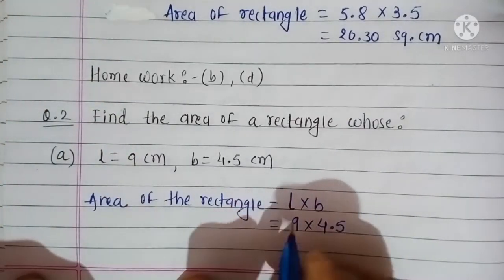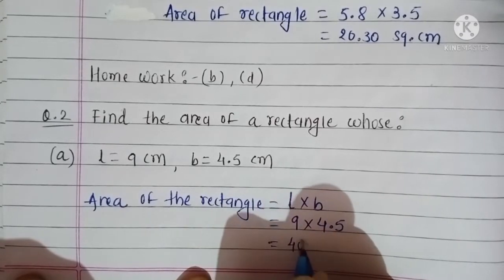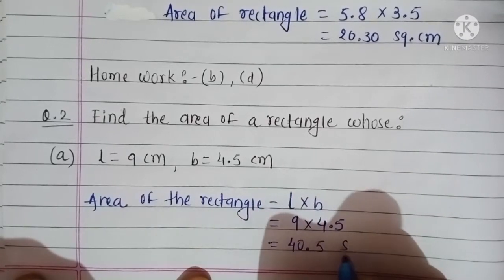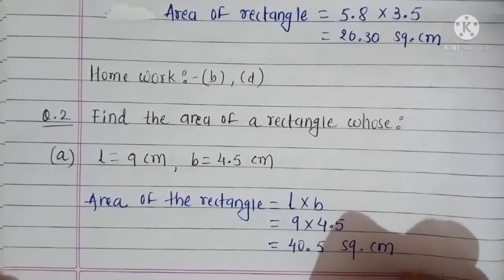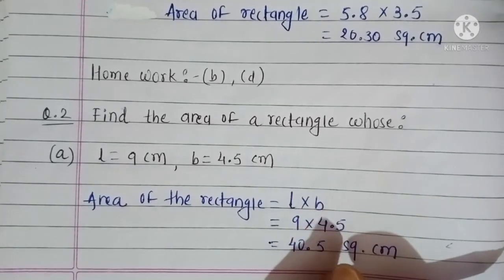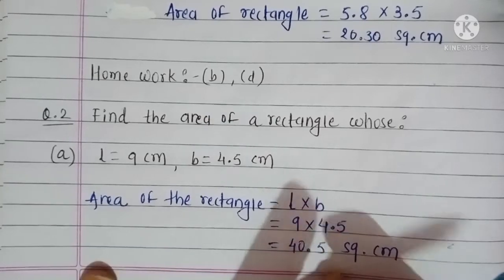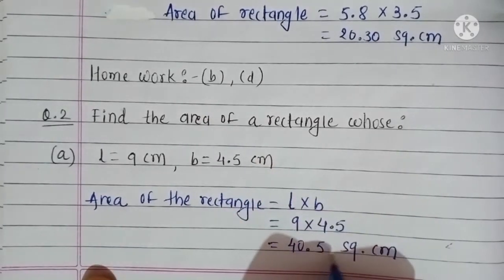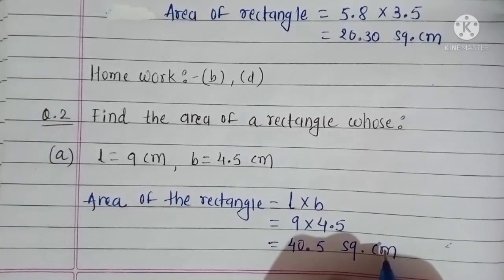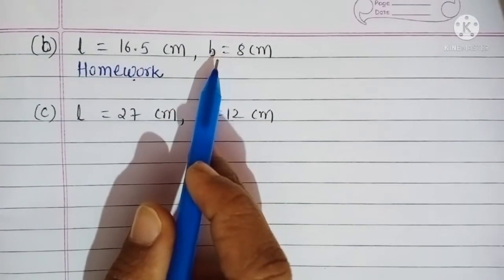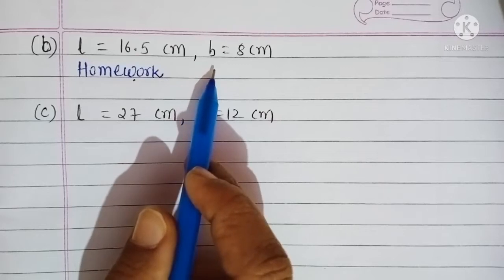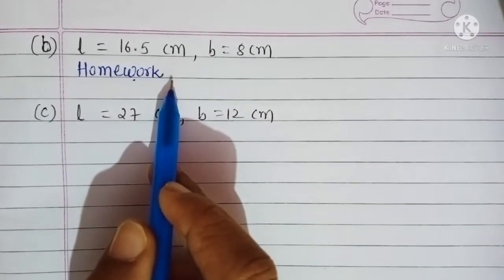On multiplying, we get answer 40.5 square centimeter. Here, dimension is in centimeter, therefore area is in square centimeter. Next B. Here length and breadth is given and we have to find area by using formula. This is in your homework.